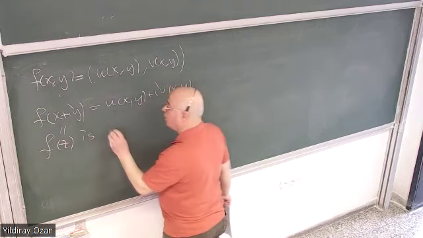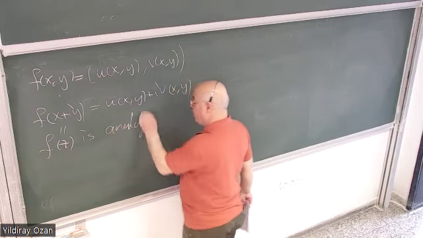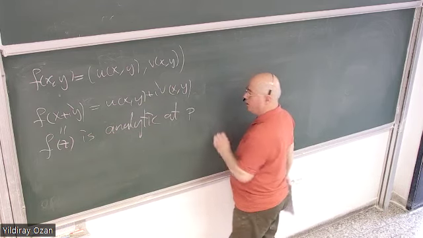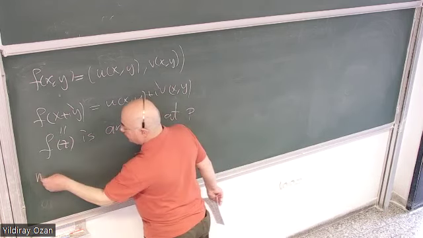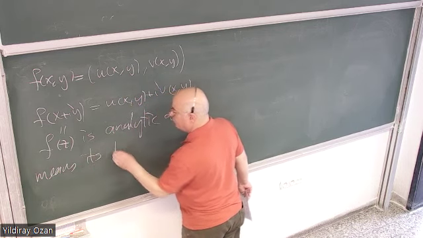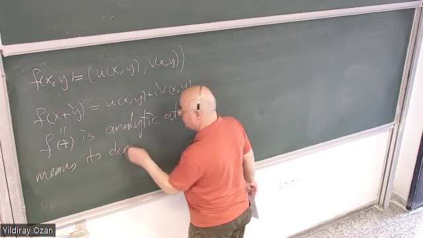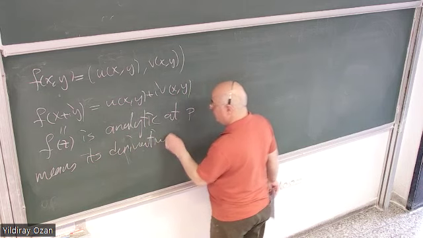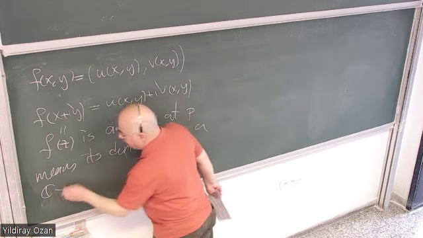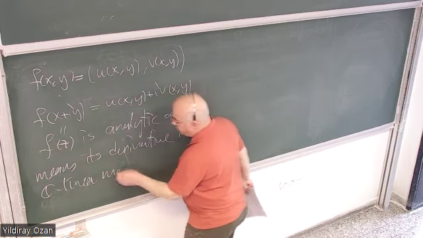And this function is analytic at a point P means its derivative is a C-linear map.